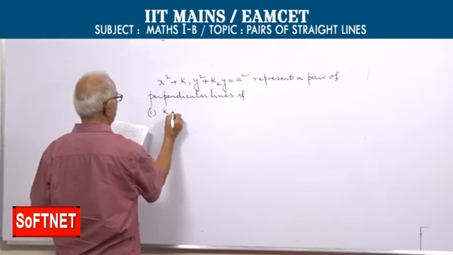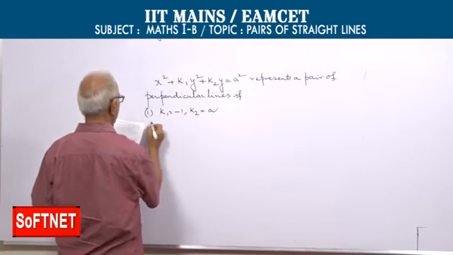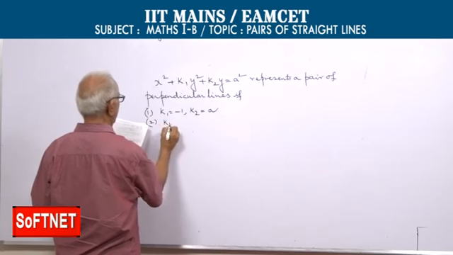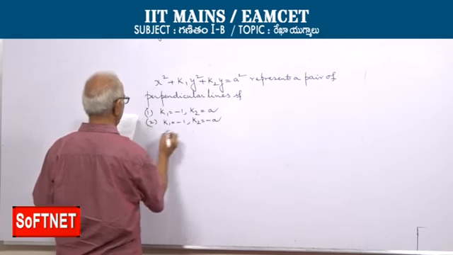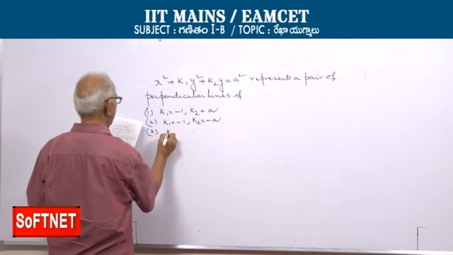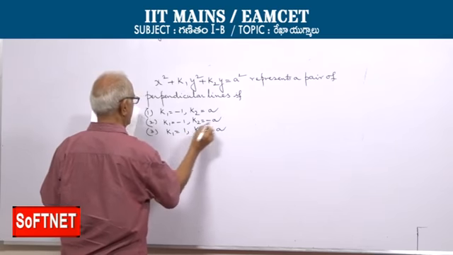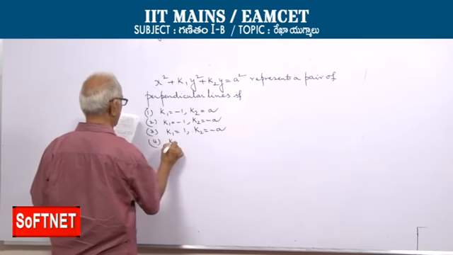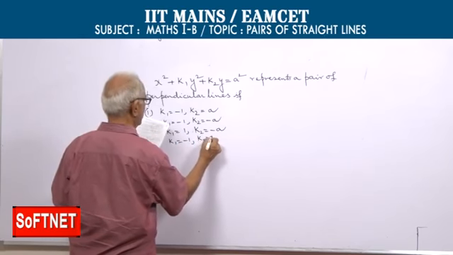K1 is minus 1, K2 equal to a. K1 is minus 1, K2 equal to minus a. K1 equal to 1, K2 equal to minus a. K1 is minus 1, K2 equal to plus or minus 2a.